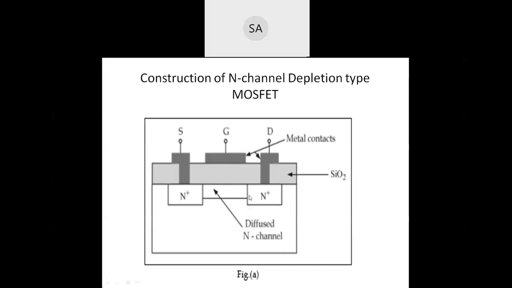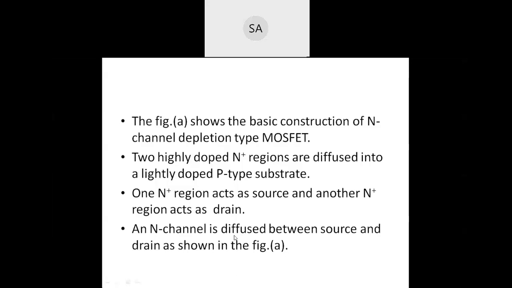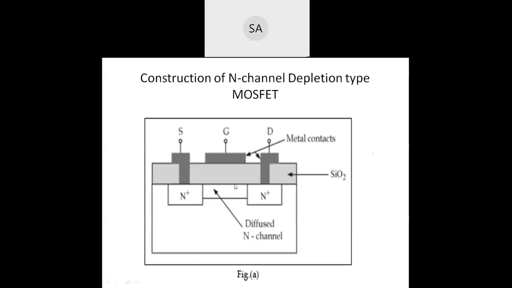These two regions are heavily doped, and the P region is lightly doped. An N channel is diffused between the source and drain as shown in figure A. This is known as the N channel.